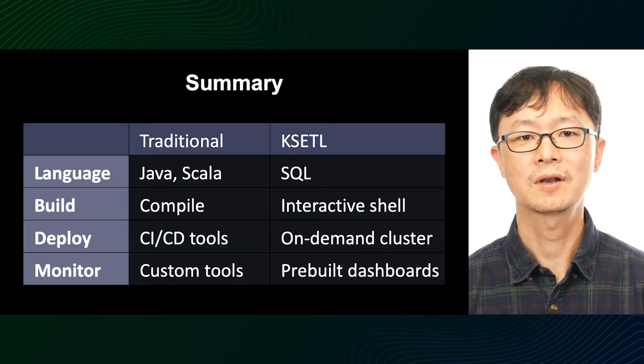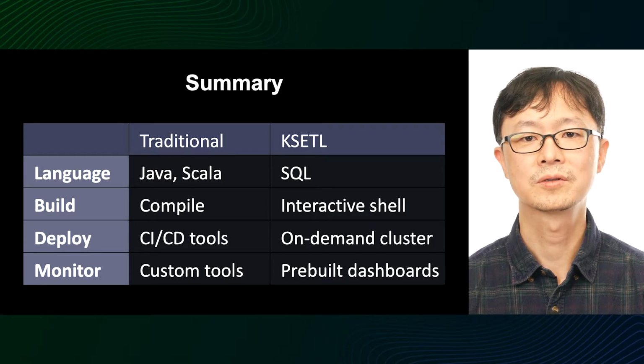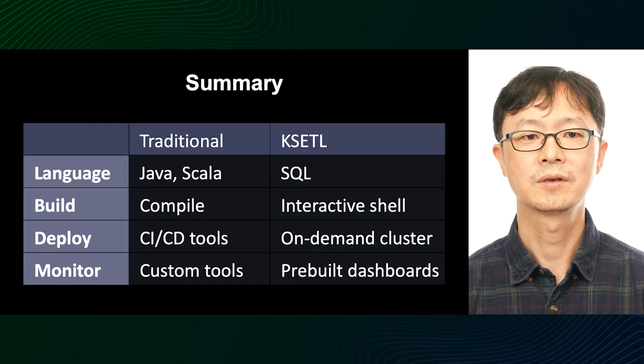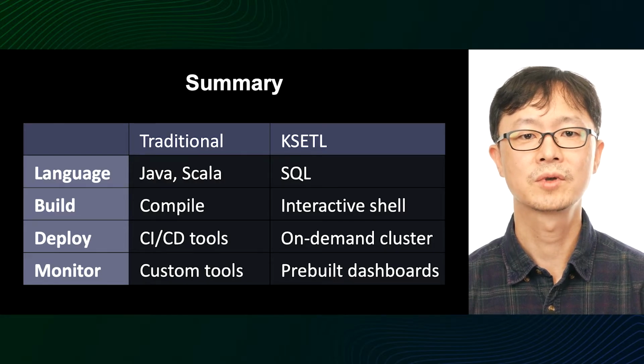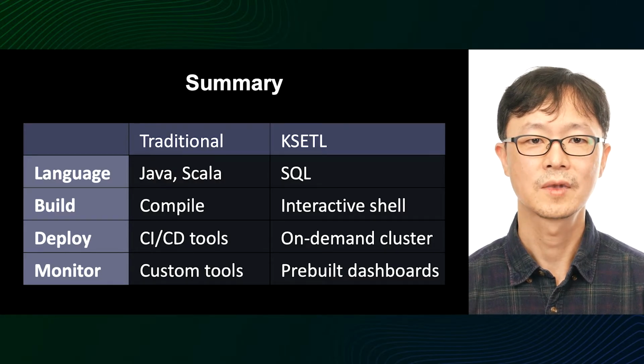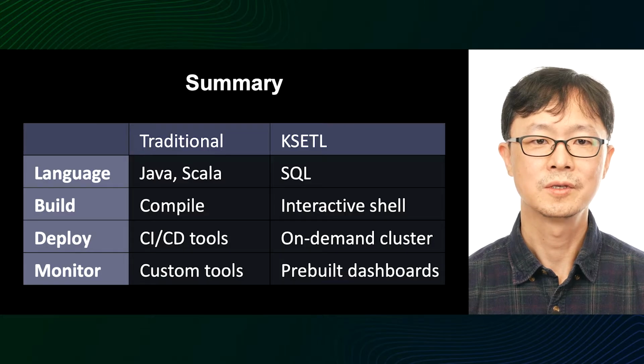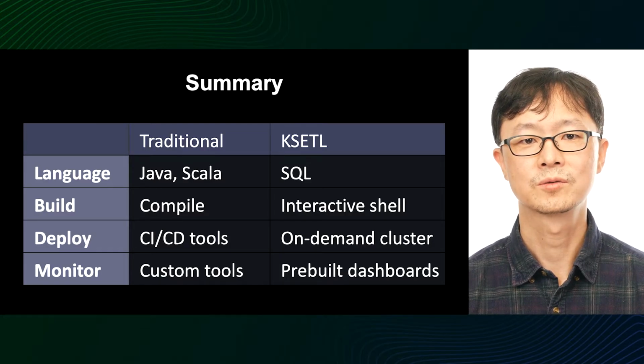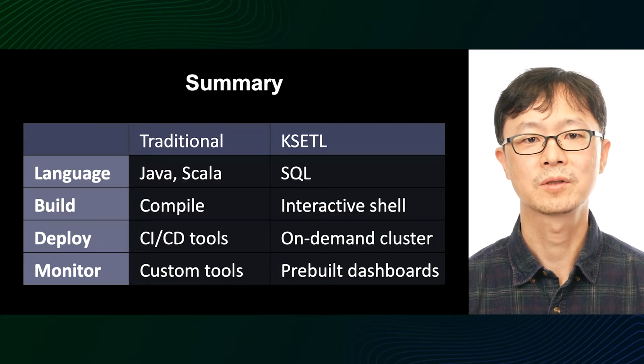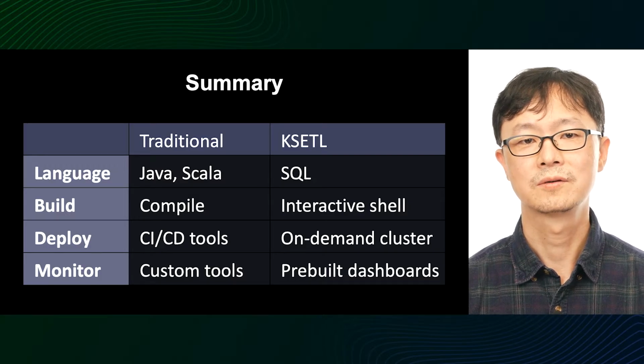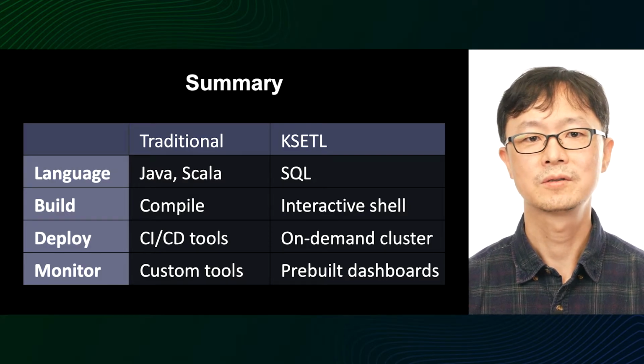The traditional systems use Java or Scala, which is a common language. KSETL uses SQL, which is a language dedicated to data processing. And for building, traditional systems used compile, but KSETL uses an interactive shell.